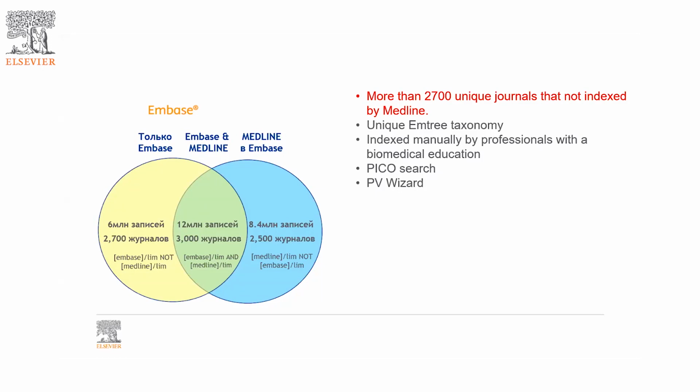Embase also has a lot of unique tools for finding information, and a very important moment is indexation. Embase indexation of the literature is performed by professionals, by humans who read articles and index information manually. It's the main difference between Medline and Embase.